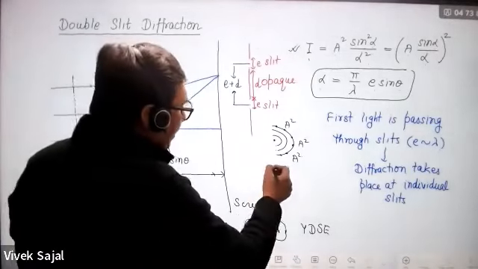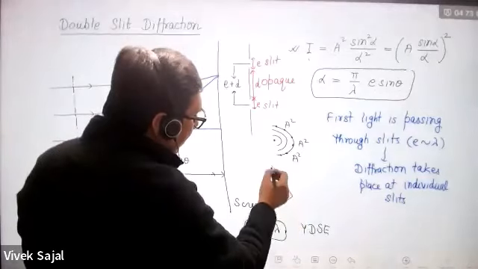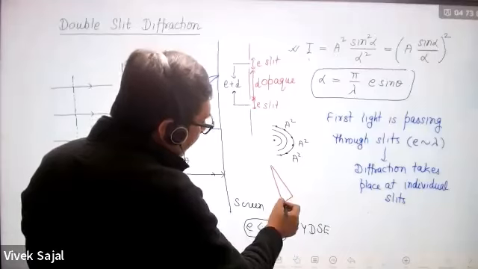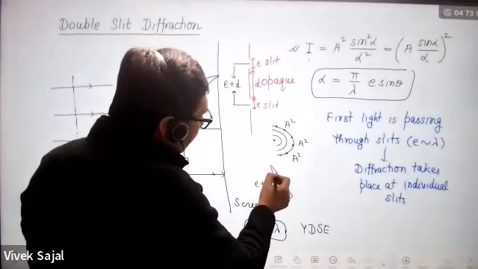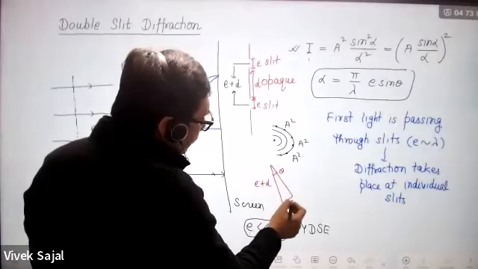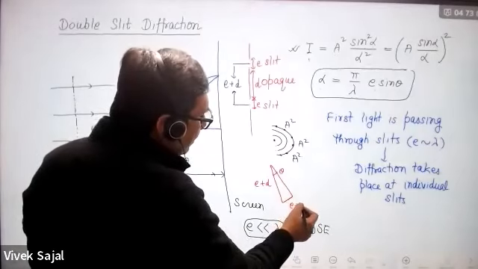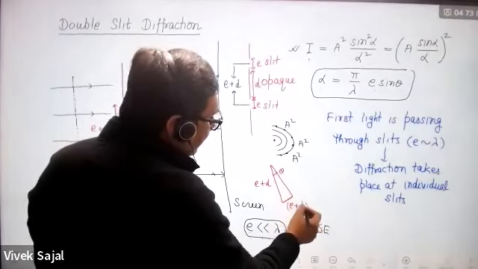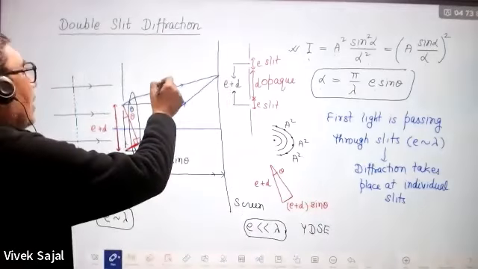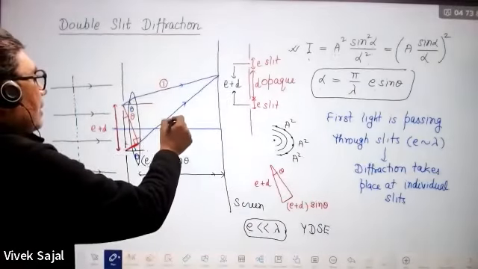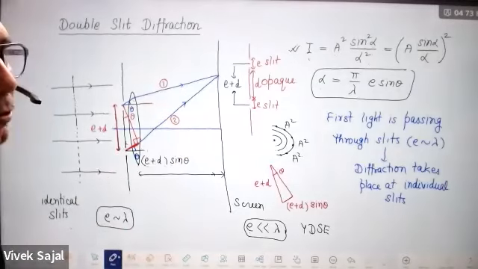You can look here. It is 90 degree here, and this is the hypotenuse. The hypotenuse is E plus D, this is theta. So this path will be E plus D sine theta. In between these two parts of the light, the path difference is constant.